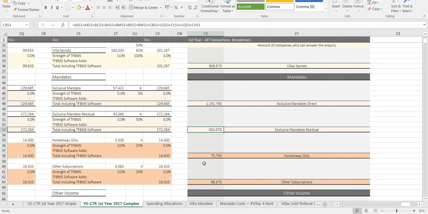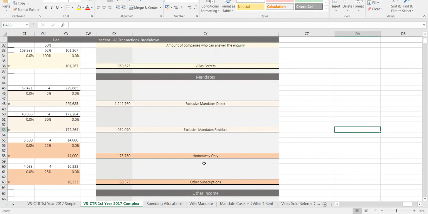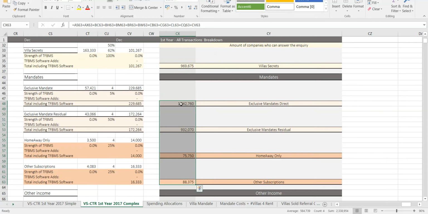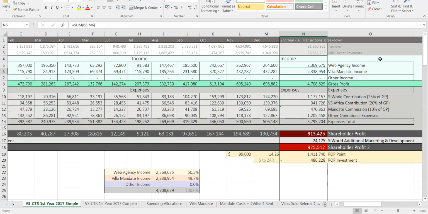Especially at Christmas and New Year, the villa will likely be booked out 10 times. We take those extra inquiries and make them into bookings in other villas, which creates this secondary figure, the residual figure of just under $1 million. Plus there's a little bit from home away mandates and a little bit from other subscriptions. These all add up to this figure here, villa mandate income. You add the web agency income and the villa mandate income, one gets 4.7.